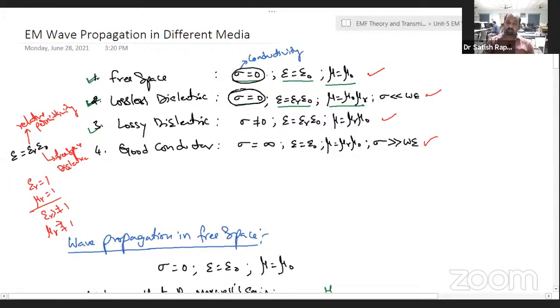Free space: sigma is equal to 0, epsilon is equal to epsilon naught, mu is equal to mu naught. Then lossless, lossy dielectric, good conductor. This is how the characteristics of the media are defined.